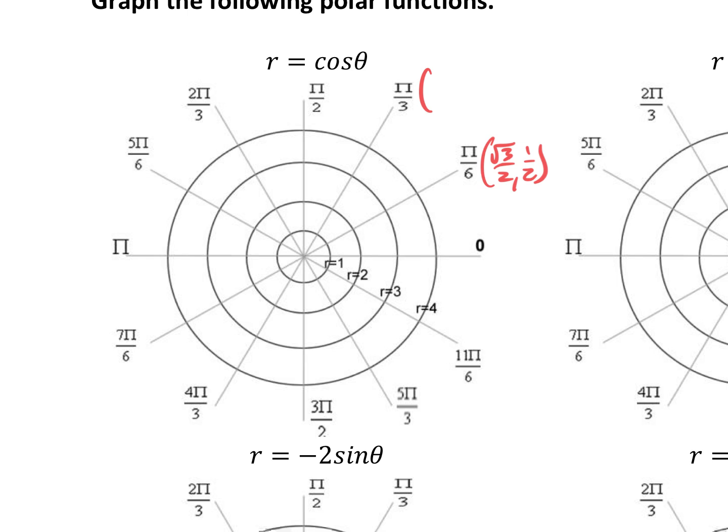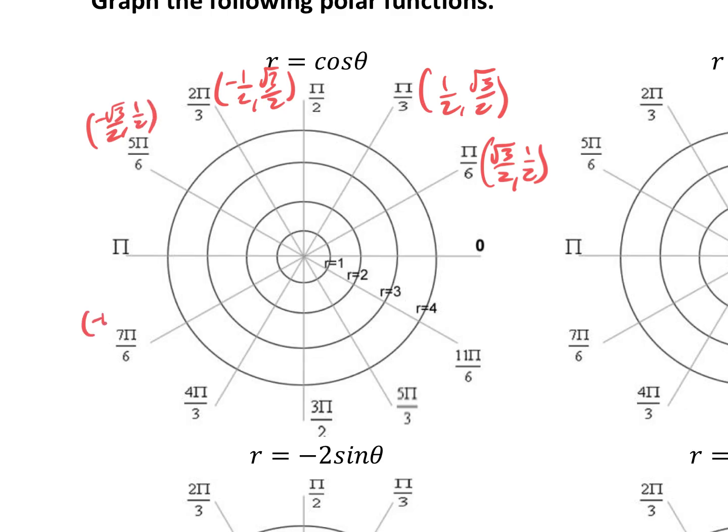Pi over 3 is going to be 1/2, root 3 over 2. Let's see, sine and cosine here. This is going to be negative 1/2, root 3 over 2. And we have negative root 3 over 2, positive 1/2.